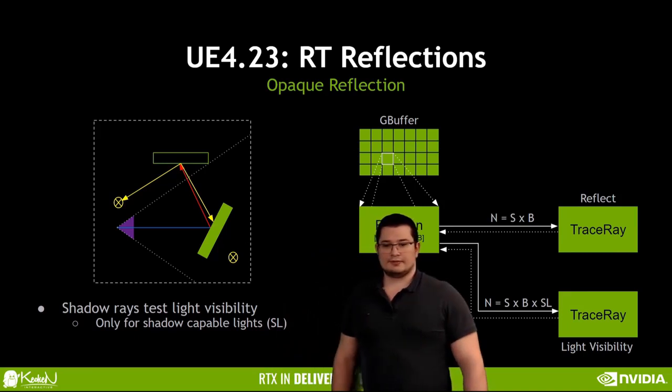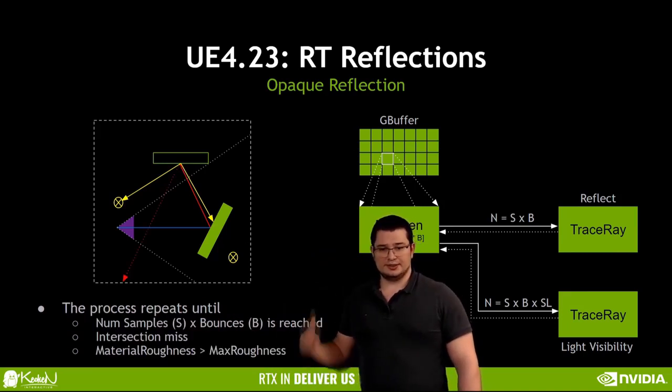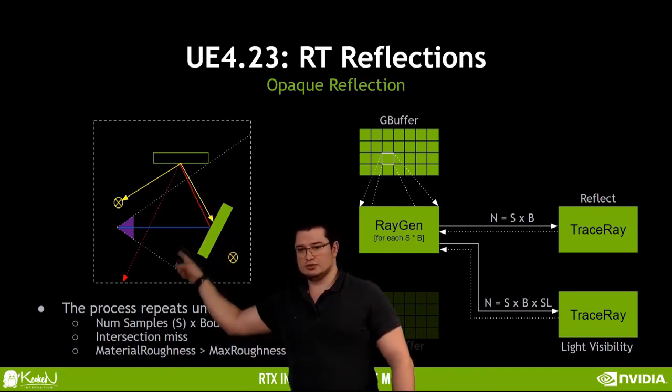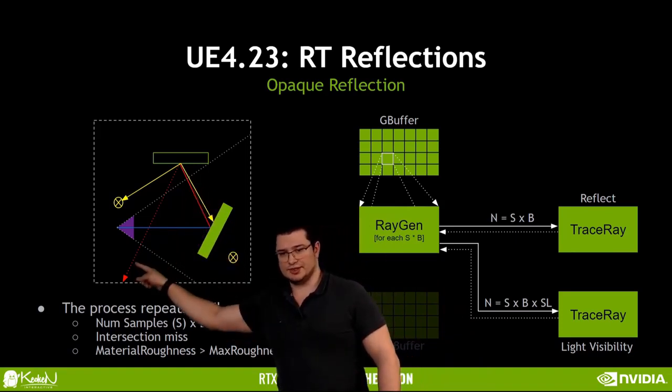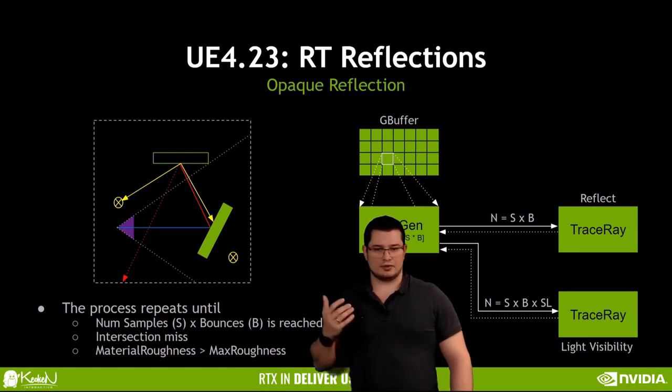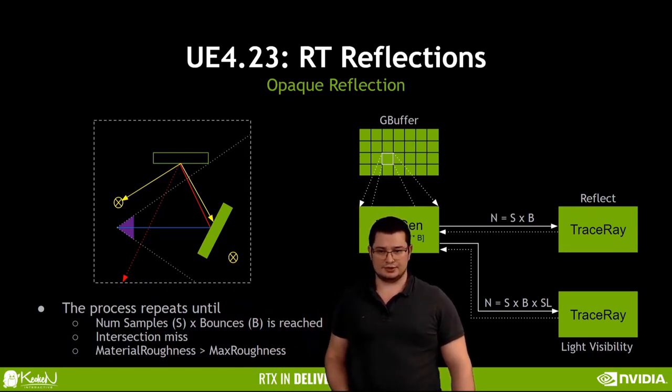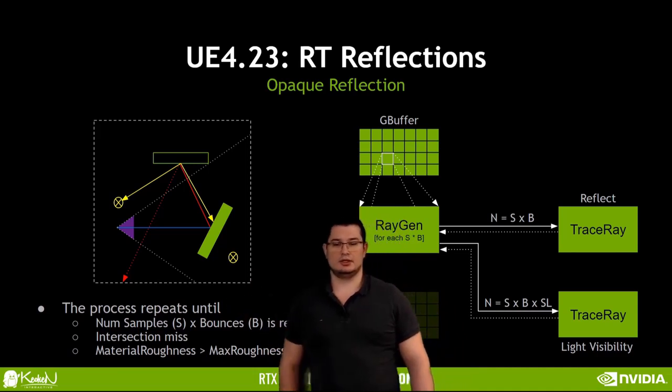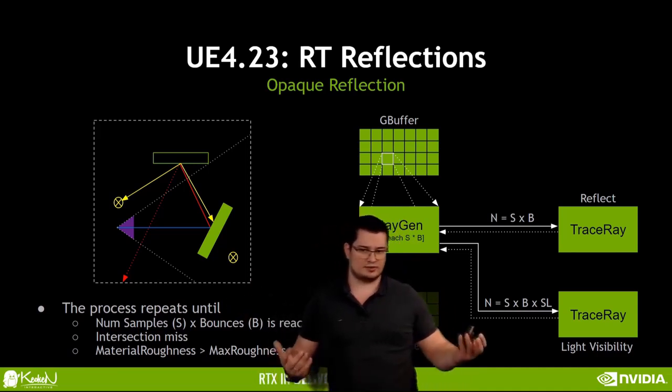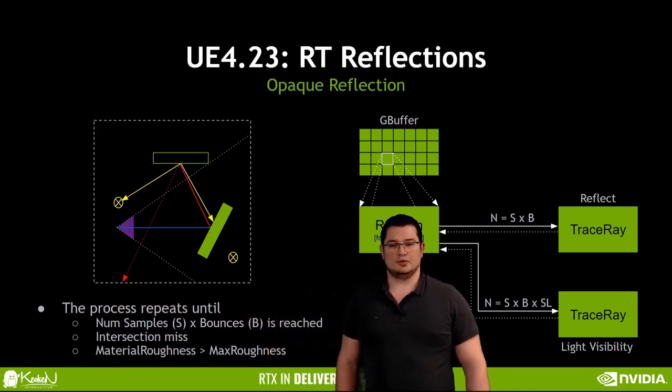This process is repeated over and over until the maximum number of bounces is reached, or the number of samples per pixel is reached, or the ray misses. When the ray misses, your skybox, for example, is sampled instead.